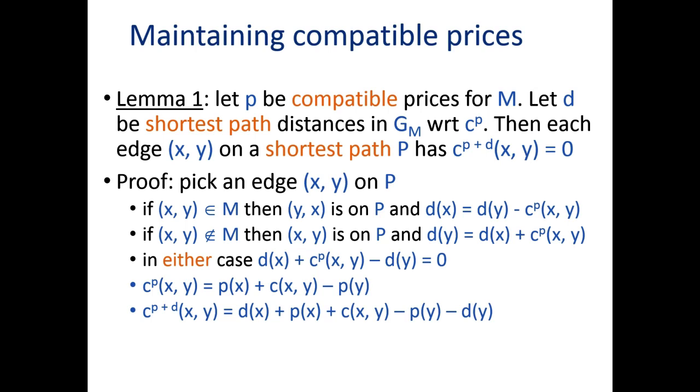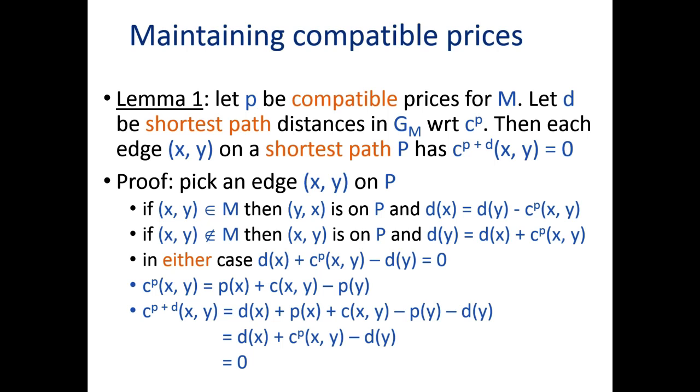The thing in the middle is exactly c_p(XY). So let's substitute. Now we are left with an expression that matches this one, and that one we know is 0.